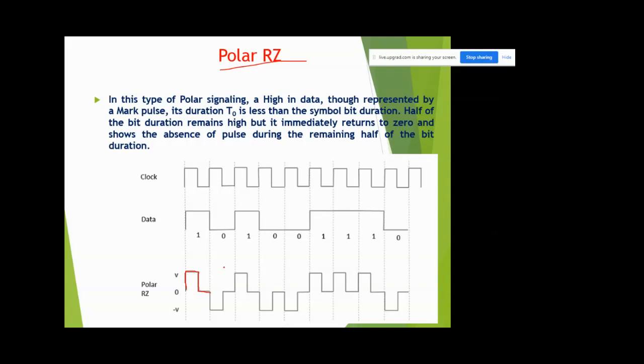Now for bit 0, again we have negative polarity, but the half part will return to 0. So again bit 1 returns to 0, bit 0 negative value returns to 0. This is the polar RZ, a simple polar RZ signal.